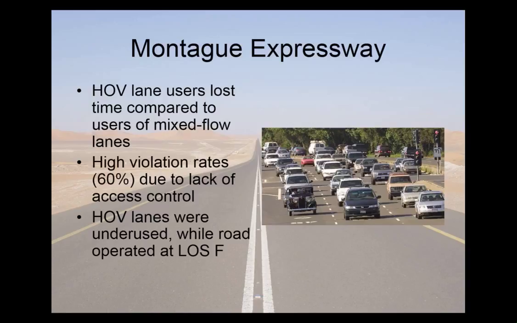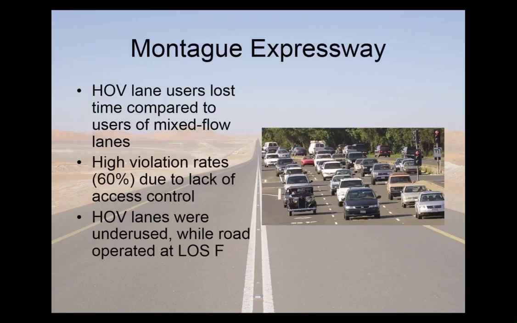20 years later, the County of Santa Clara evaluated the performance of various arterial HOV lanes in the area, including the Montague Expressway. What they found was that users of the HOV lane actually lost time compared to users of the general mixed flow lanes.